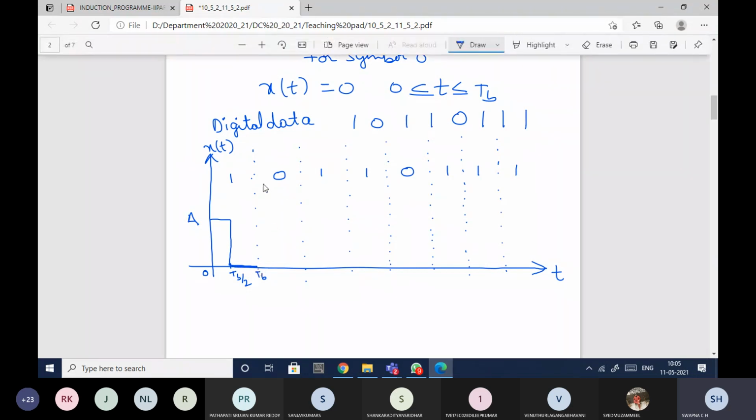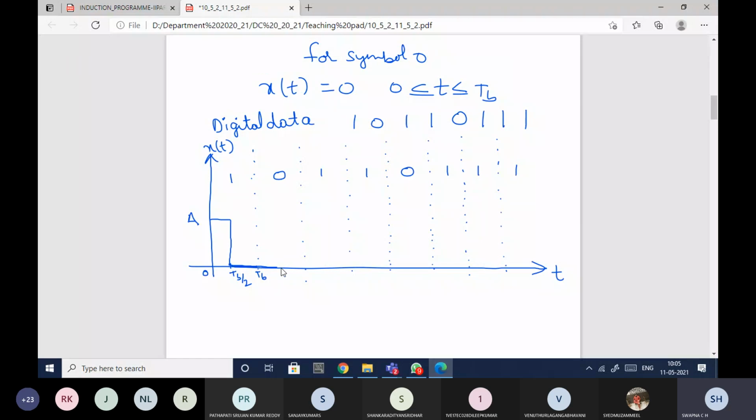Again the next bit is 0, so throughout the interval it will be 0 only, like ground level. Next again I have 1. So 1 in the sense it will have positive amplitude A until half of the interval, and in between it will return to 0. Again I've got 1, so again the amplitude will be A and it will return to 0.